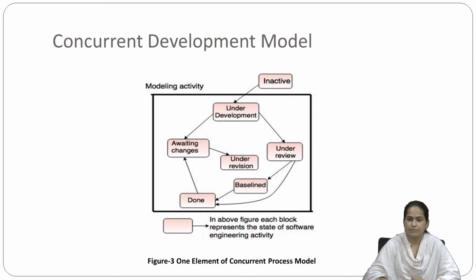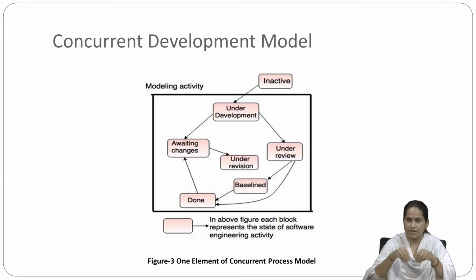See here, the first task or first state we have is inactive. Then after that we have under development. Now under development is further divided into two other tasks, under review and awaiting changes. Awaiting changes has another task, under revision, while under review has the task baselined.